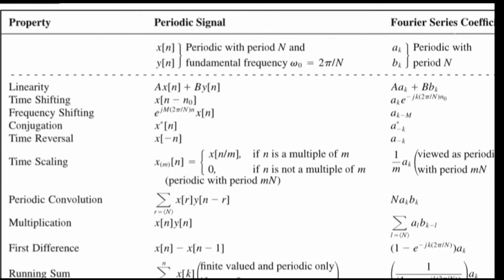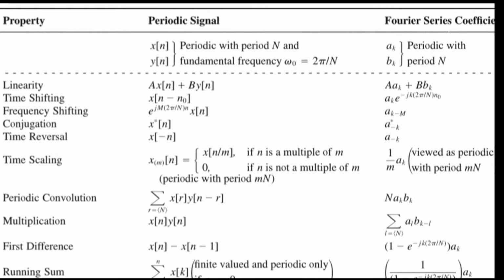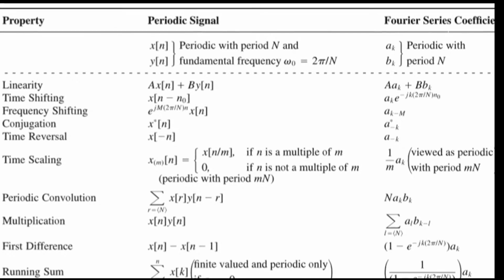Just from these two things, you can do the same real and imaginary analysis, or even other analysis, on your Fourier series coefficient. So if you have an even signal, then your Fourier series coefficient is also even. The even-odd property of the Fourier series coefficient will be the same as the even-odd property of your signal, in either the continuous-time case or the discrete-time case.